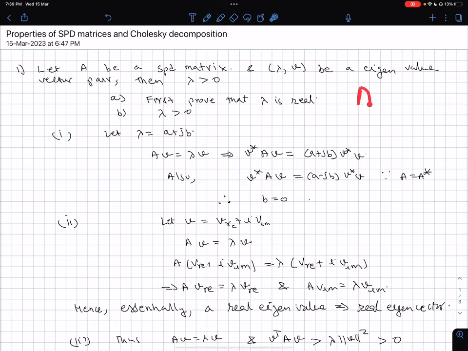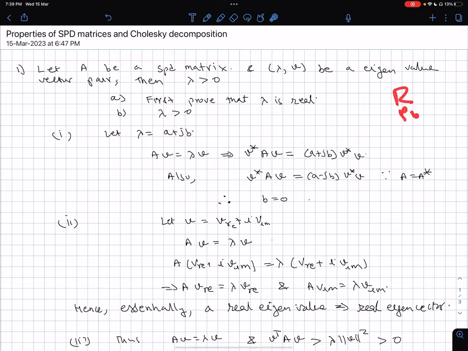That follows from the fact that if A can be written as R transpose R, then X transpose AX will become equal to the square of the norm of R times X, which is always greater than or equal to 0. So it guarantees that it is a positive semi-definite matrix.